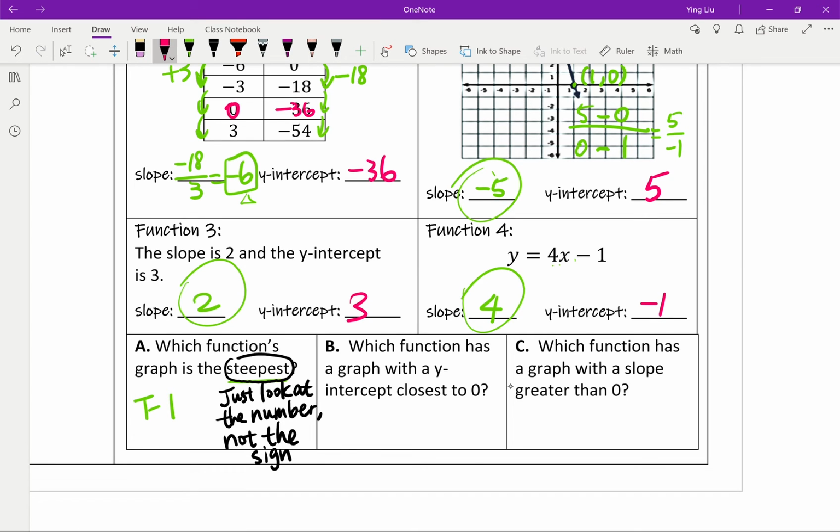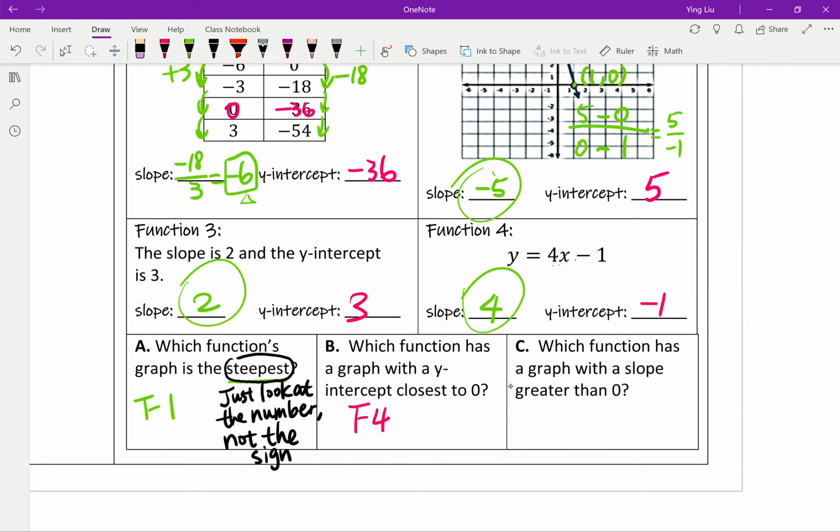If you draw them all on the number line, negative 1 is here, then 3, 5, and negative 36 is way over here. So negative 1 is clearly the closest to 0. Therefore, function 4 has a y-intercept closest to 0.